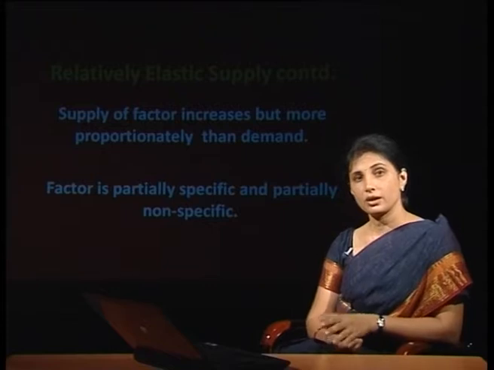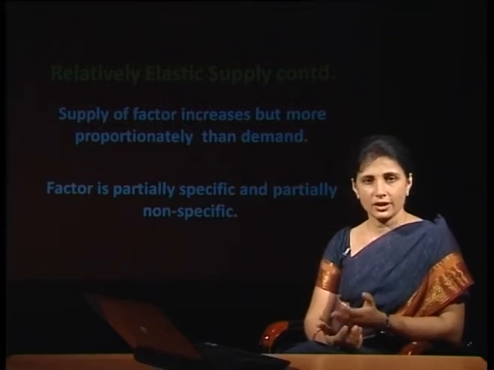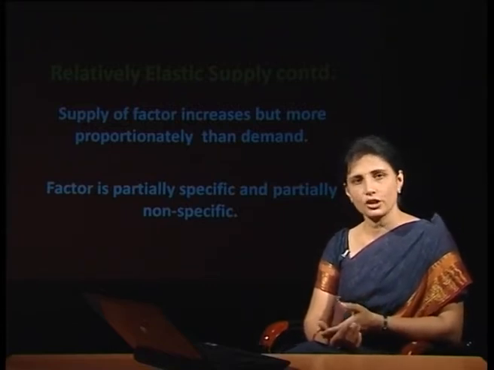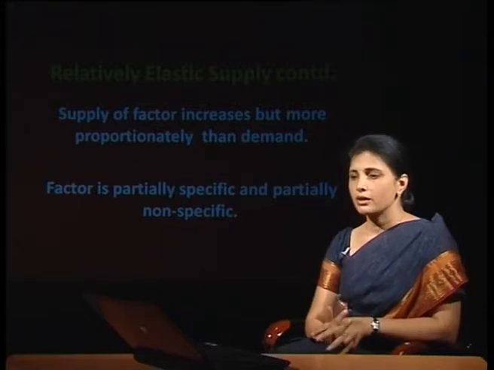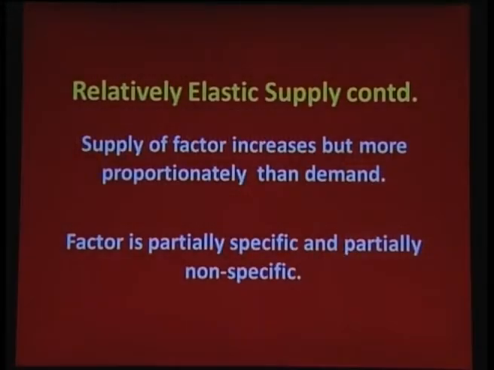Now, we will talk about the third case, which is neither for the specific nor for the non-specific factors of production. Relatively elastic supply. Supply of the factor increases but more proportionately than the demand, and the factor is partially specific and partially non-specific.